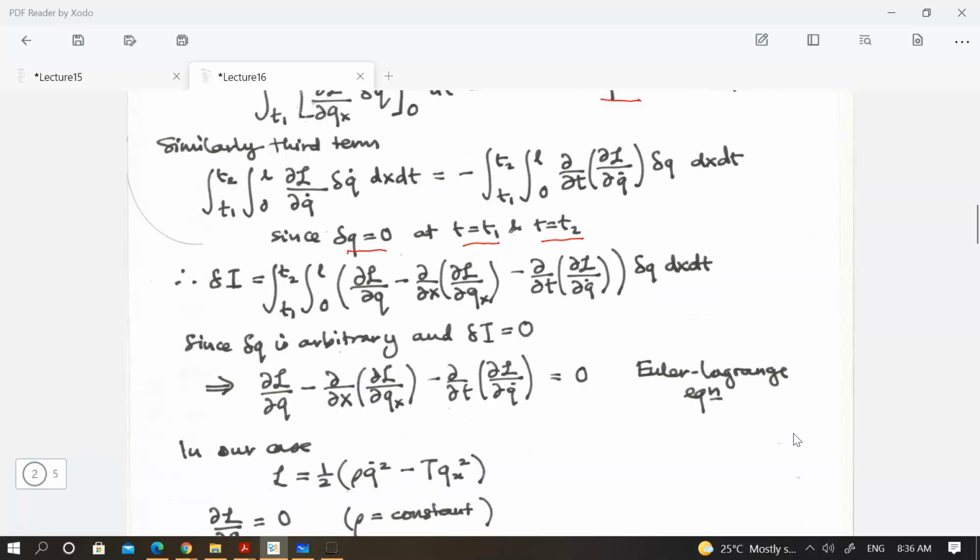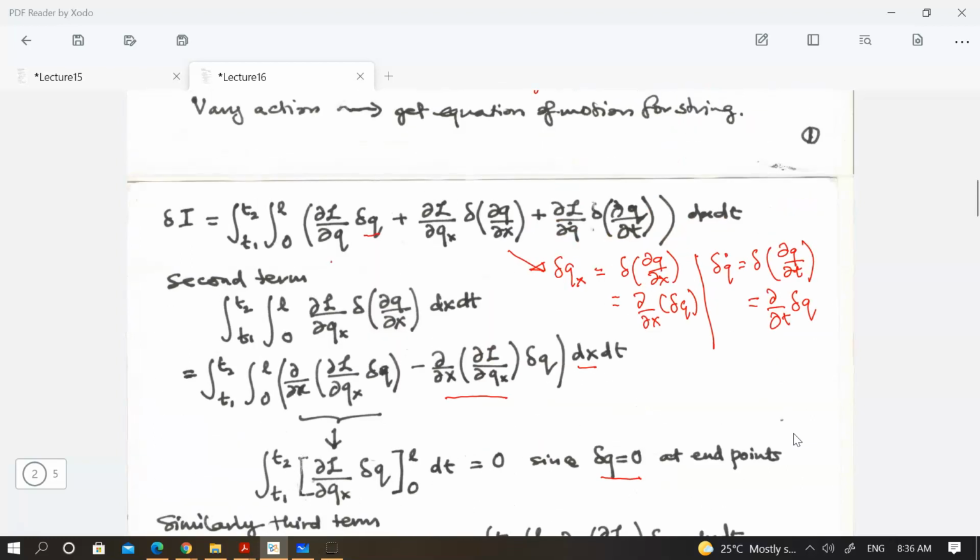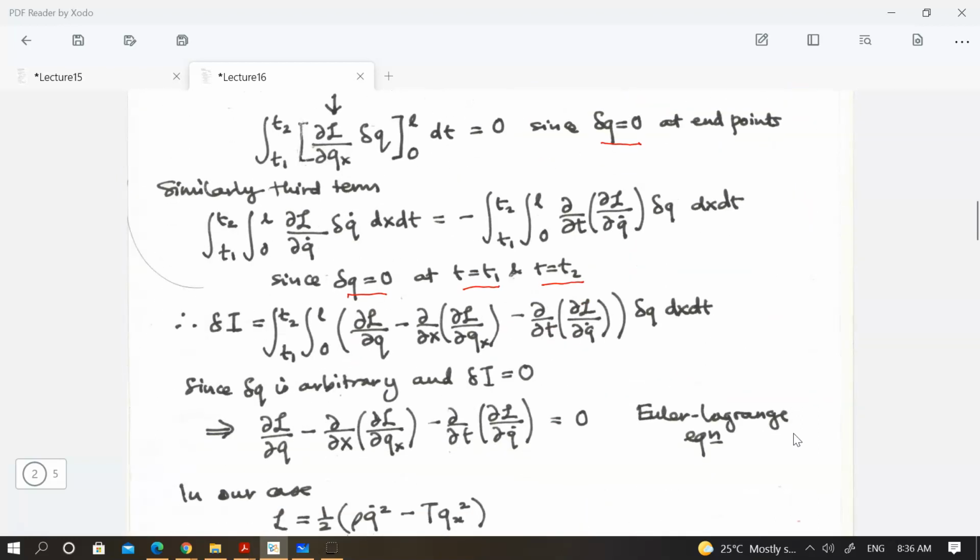Finally, what's left inside your variation over here, okay, is this. We have transferred the derivative d dx here to that, and the derivative of your variation here to that, and what's left inside is essentially this thing.